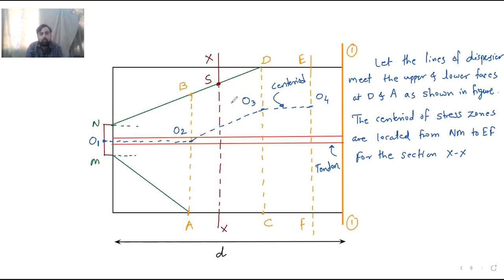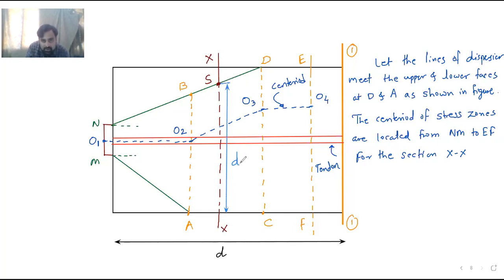And at this S point now we want to calculate this horizontal stress effects. Okay, if we want to calculate this horizontal stress effects, then what will be the depth of the section? The depth of the section which is need to be considered is, so this distance is nothing but the depth of the section from this point over here.